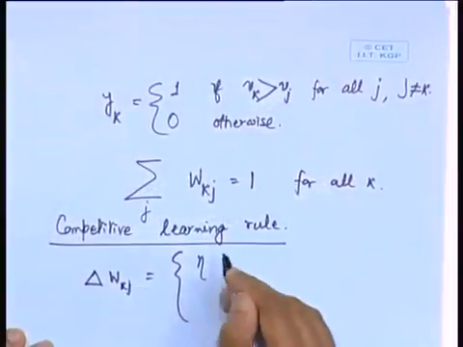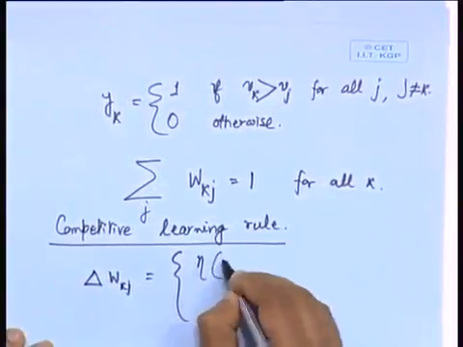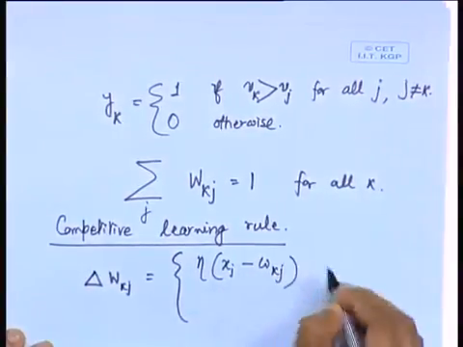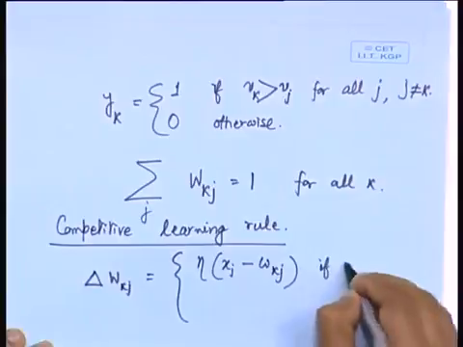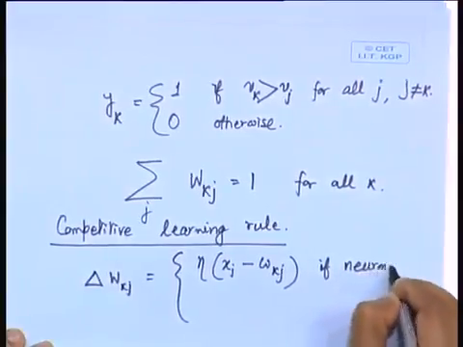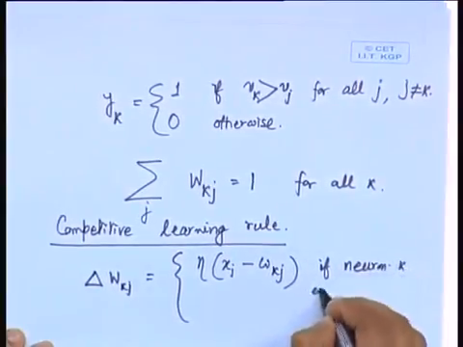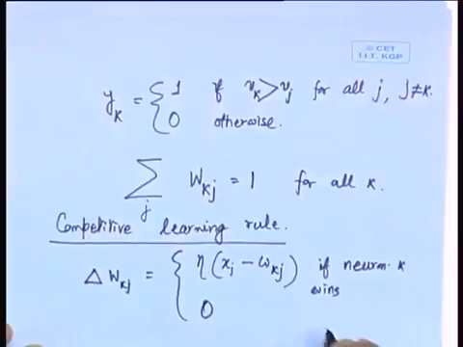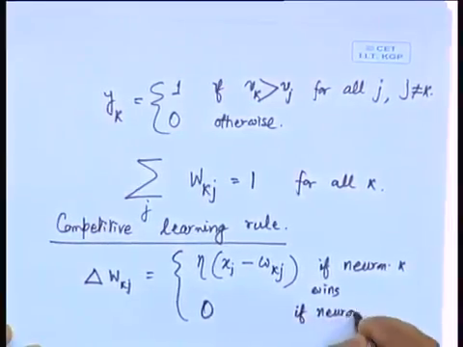It says that delta Wkj is equal to Xj minus Wkj if neuron k wins the competition, and delta Wkj is equal to 0 if neuron k loses.